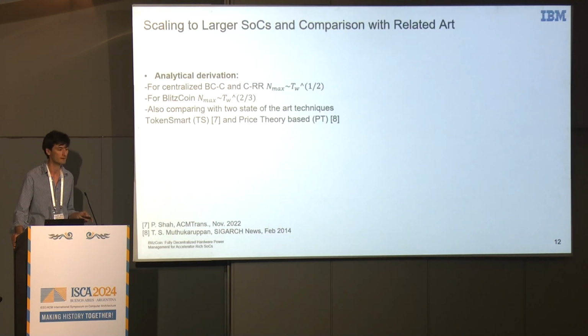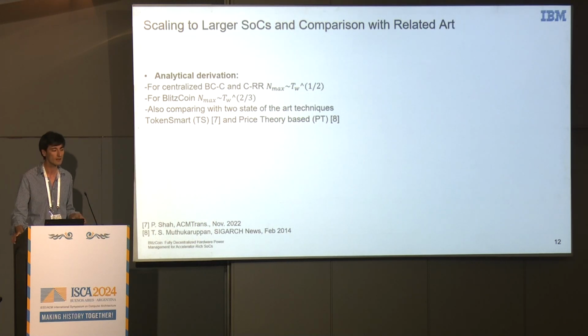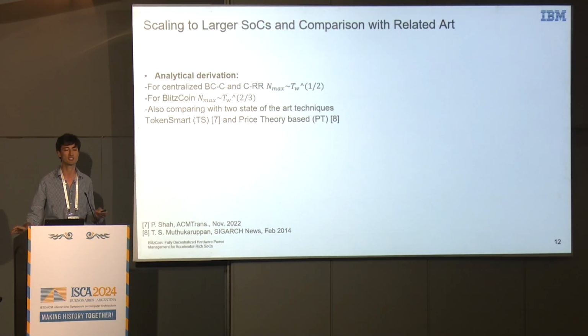Okay, perfect. So we see last how we can scale those results to larger SoCs. If you remember one of the first slides, for a centralized scheme, the maximum number of tiles that can be handled grows proportionally to the workload duration to the power of 1/2, whereas with BlitzCoin, because of the distributed exchange, we have a faster scaling.